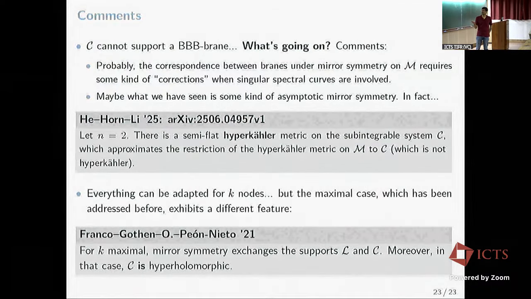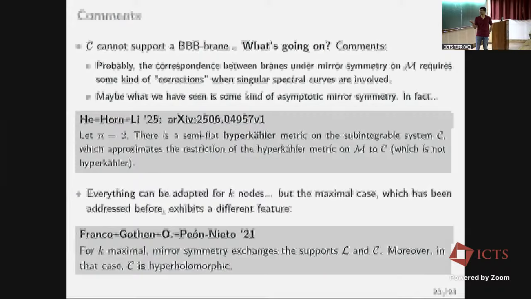And there we showed that the supports, now this is not the same Lagrangian, and this is not the same critical loci, it's the case version of those. But for maximal K, the supports are still exchanged under mirror symmetry, but in this case, C is hyperholomorphic in this maximal case of nodes.